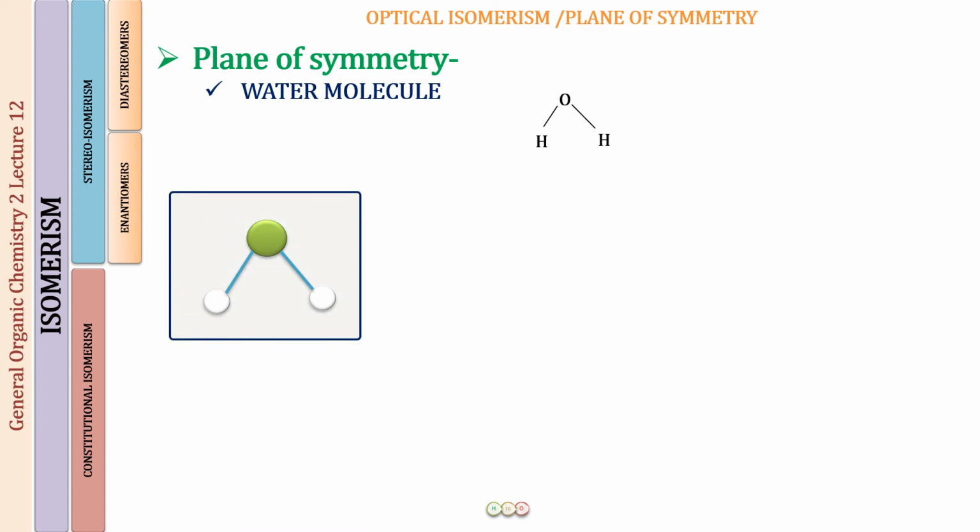What I'm going to do is have a plane which is the XY plane, and I am going to cut this horizontally. So I am inserting a card from below or from above, and I'm going to bisect it into two halves. What will you get? I will be getting half of the oxygen atom, half of the hydrogen atom on one side of the card, and the other is going to go on the other side.